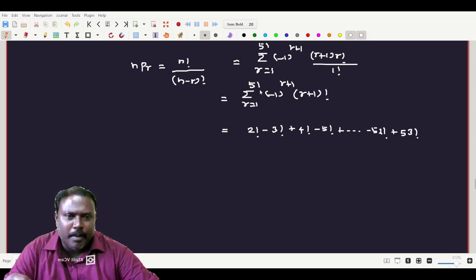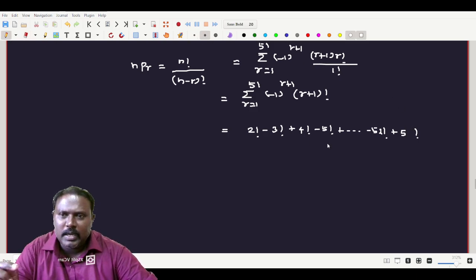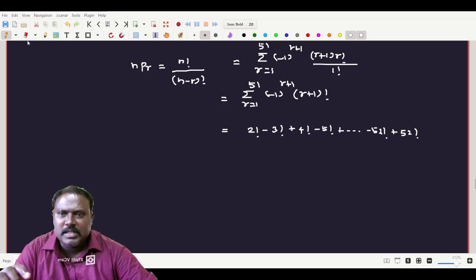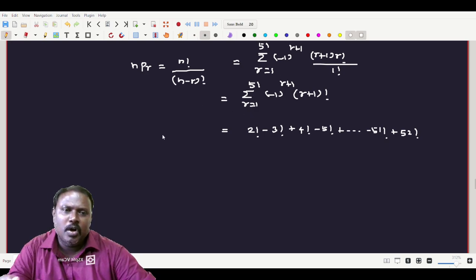Last I am putting r equals 51, then here I get 52 factorial only, because 51 plus 1 is 52, right? Here if I substitute r equals 51, (-1) to the power 52 will come, that is plus 1, that's why plus. This is 52 factorial, and this one is 51 factorial, right? So this is my summation.